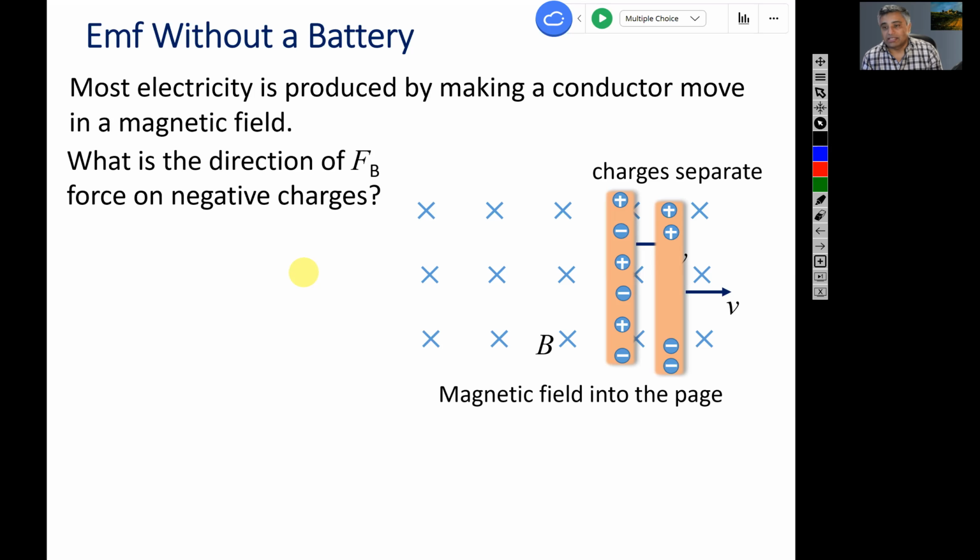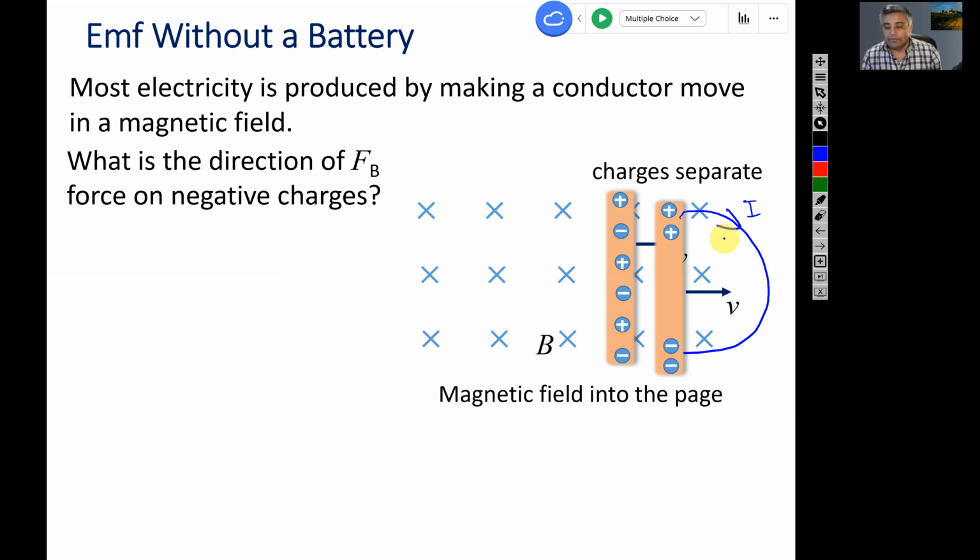That means it acts like a battery now. If we were to connect a wire here, for example, like this, then the conventional current direction is going to be this. So there is current flowing. Now we are getting current, we are getting a potential difference.